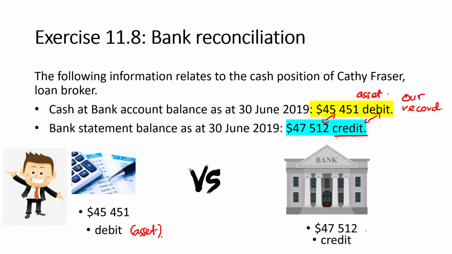This cash is ours. So they put it as a credit, meaning the cash belongs to the depositor, meaning our company. That's why they have a credit balance. But the balance is different, 47,512. So how are we going to do this?